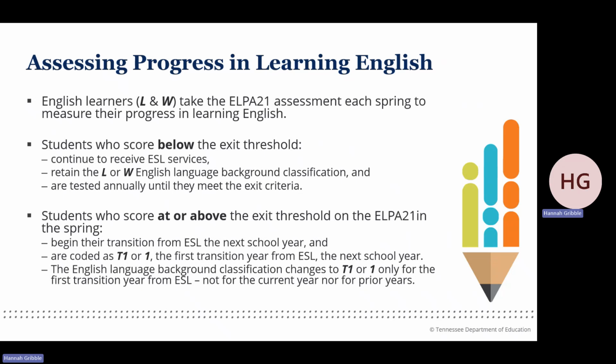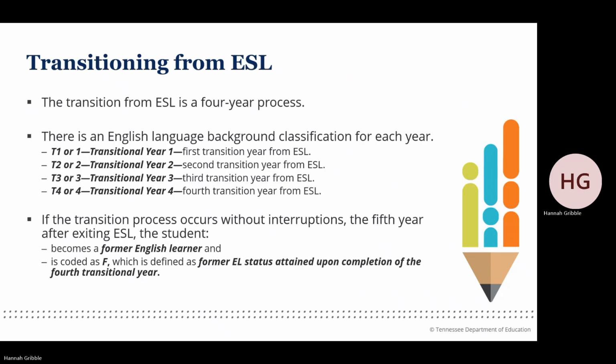The English language background classification changes to T1 or 1 only for the first transition year from ESL the following school year, not for the current year or for the prior years. The transition from ESL is a 4-year process. There is an English language background classification for each year.